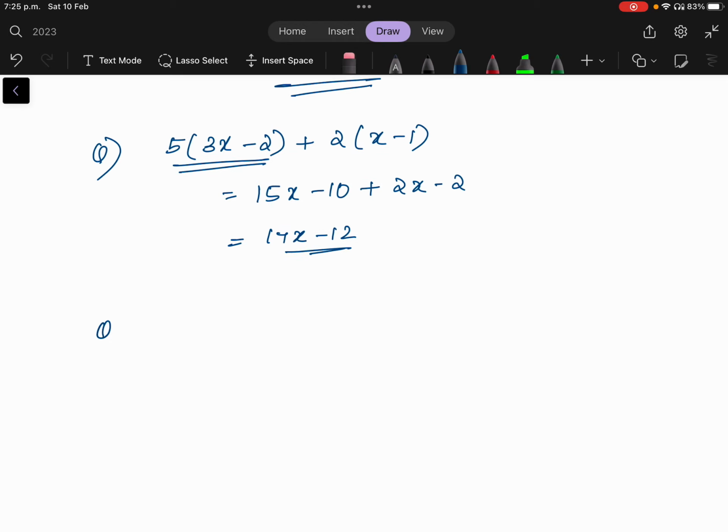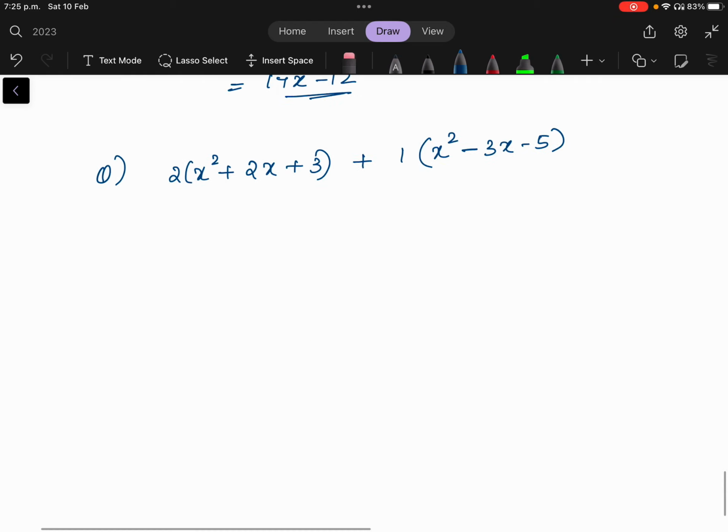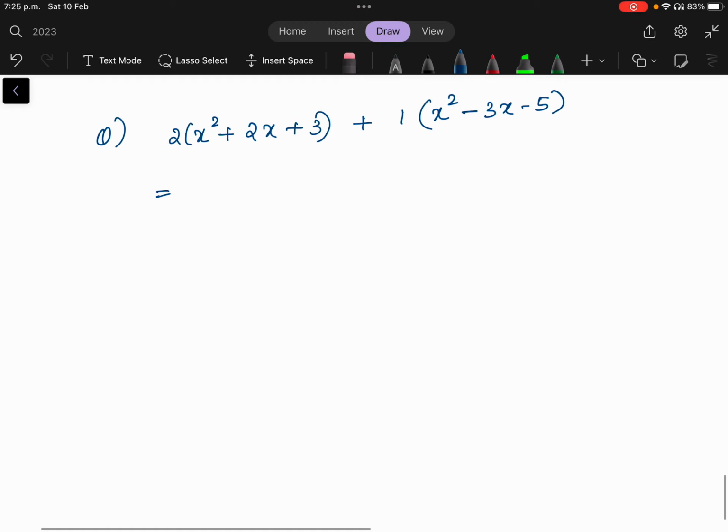Okay, another question, you have 2 into x square plus 2x plus 3 plus 1 times x square minus 3x minus 5. So if that's the case, it will be 2x square plus 4x plus 6 plus x square minus 3x minus 5, which is equal to 3x square plus x plus 1.